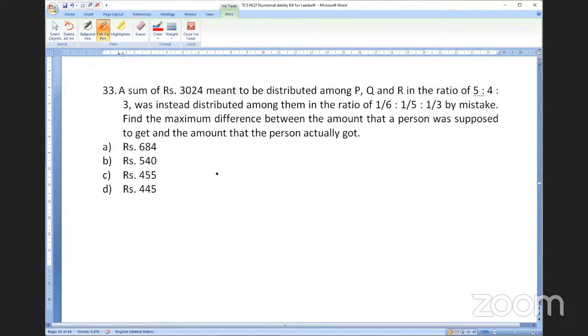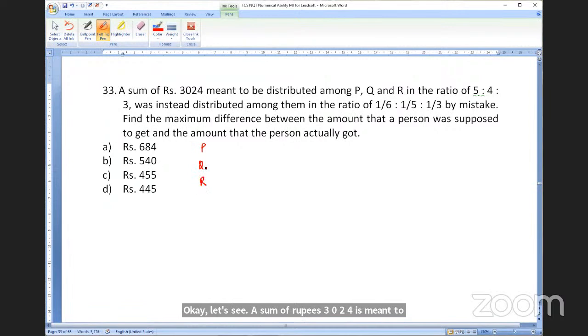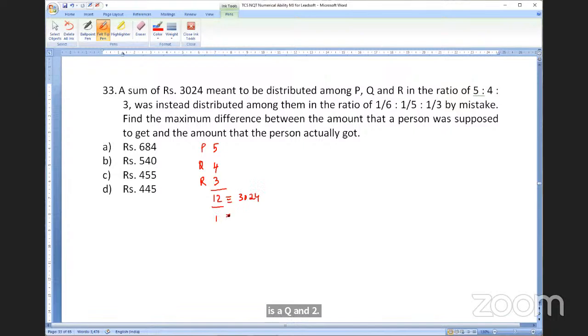Okay, let's see. A sum of rupees 3024 is meant to be distributed among P, Q, R in the ratio of 5:4:3. That is 12 parts. So 12 parts is equivalent to 3024. One part is 3024 by 12, that is 252.